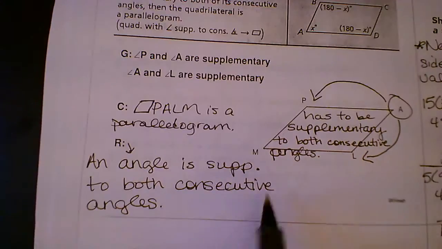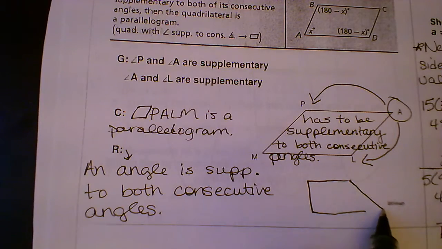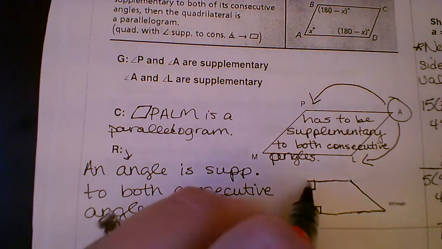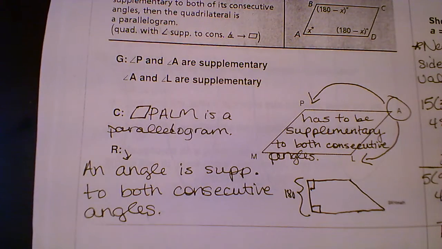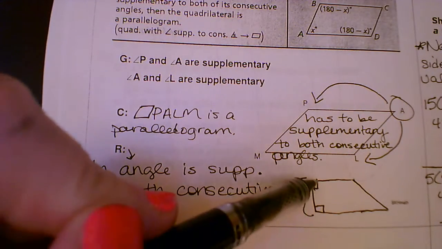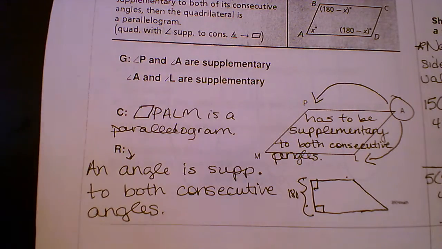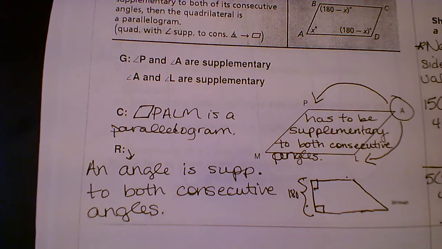So if we had, say, this trapezoid where we have two right angles, well, these are definitely supplementary and they're definitely consecutive, but it's not a parallelogram because we don't have both sets that are consecutive and supplementary. So an angle is supplementary to both of its consecutive angles would prove that it's a parallelogram.